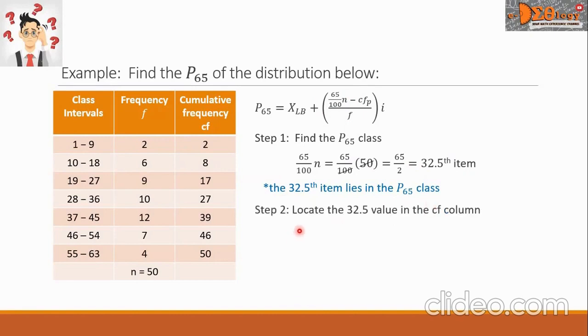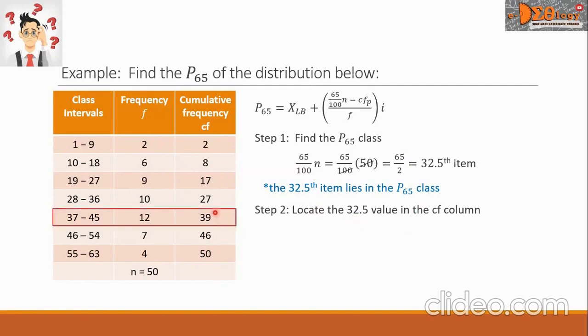For step 2, we locate the 32.5 value in the CF column. This is the CF column. We can observe that the values grow bigger as we go down. We are looking for this 32.5 in this column, or a number that is slightly higher.